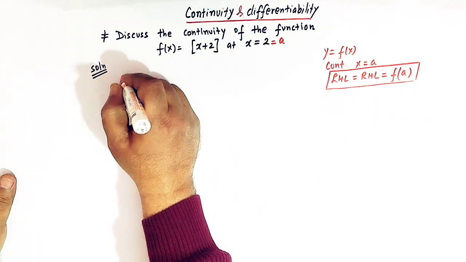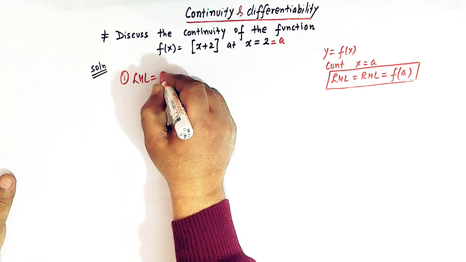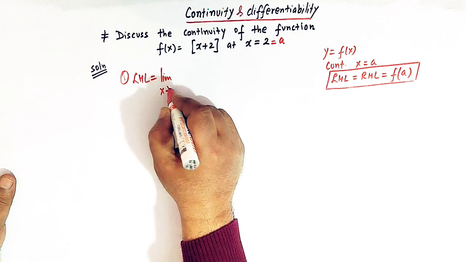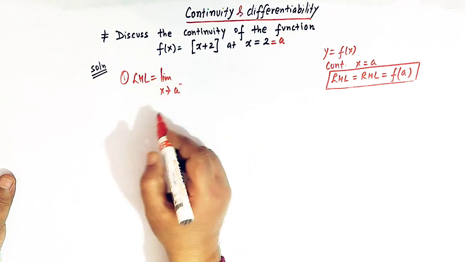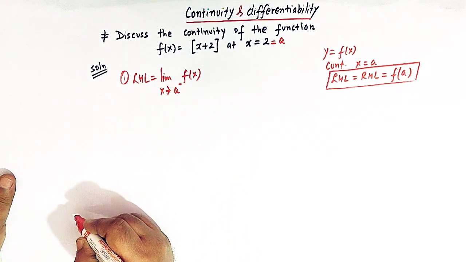Let us first find the left hand limit. The notation for left hand limit is limit x tends to a, with a negative sign, of f of x.